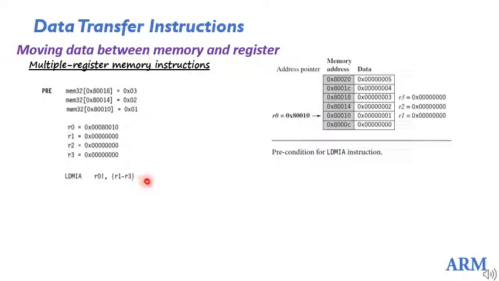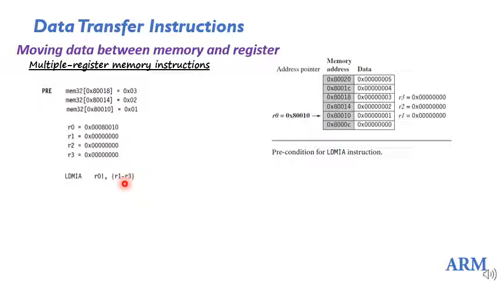Note here, R0 is the source. R0 is the memory location you are referring to, and R1 to R3 means you load the contents of the memory locations starting from R0 into registers R1 to R3. So you have to move 3 data to R1, R2 and R3.